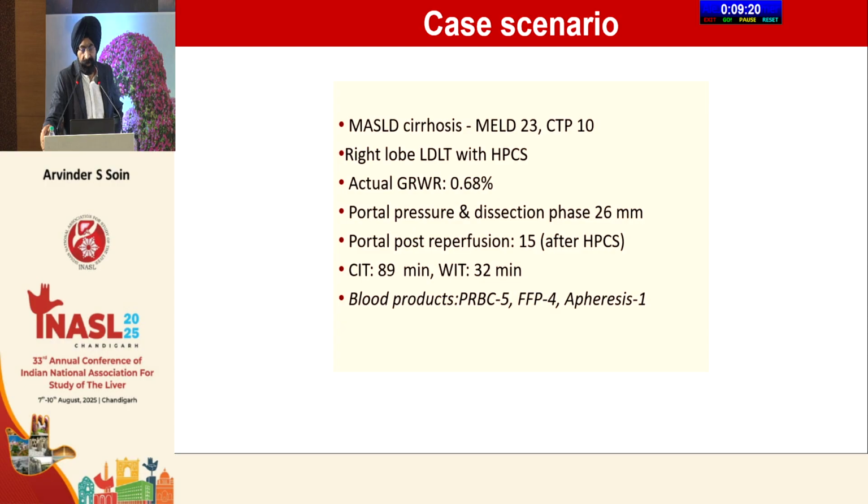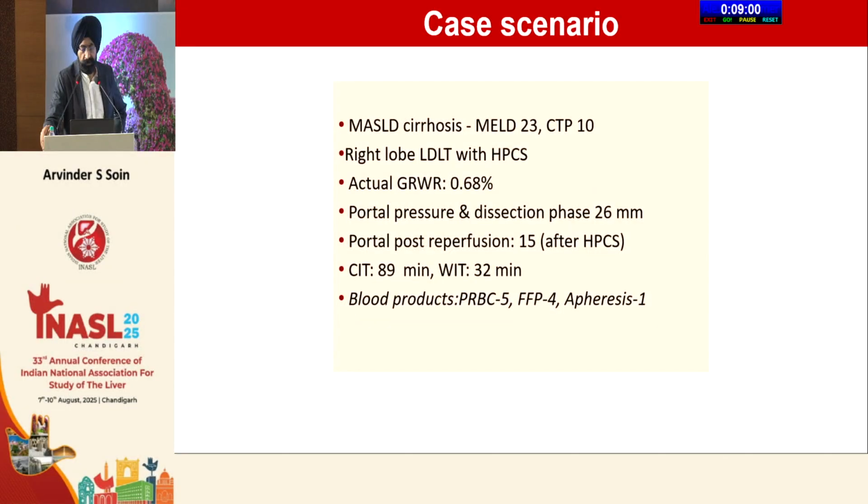He had a right lobe graft with hemiportocaval shunt. His actual GRWR, graft to recipient weight ratio, was 0.68%, and it was predicted to be slightly less, 0.62 preoperatively on CT scan.